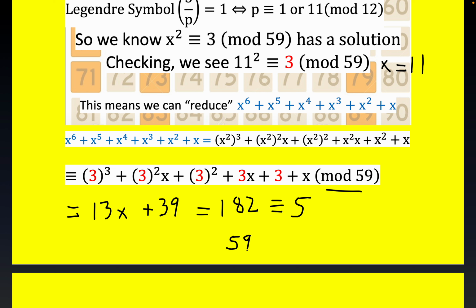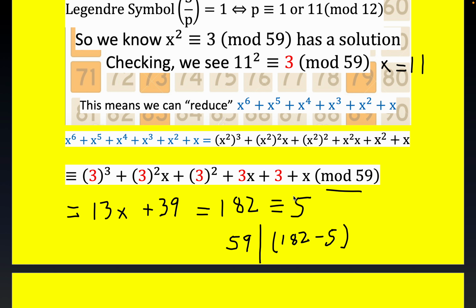It's the remainder when you divide 59 into 182. Another way to put it is that 59 divides the difference 182 minus 5. That's easy to check. That's equal to 177, and 3 times 59 is 177. So that's why 182 is congruent to 5.